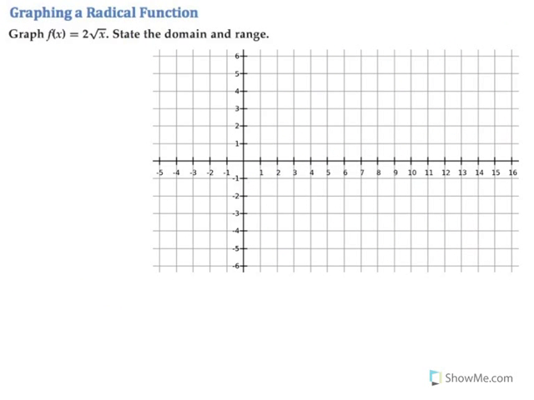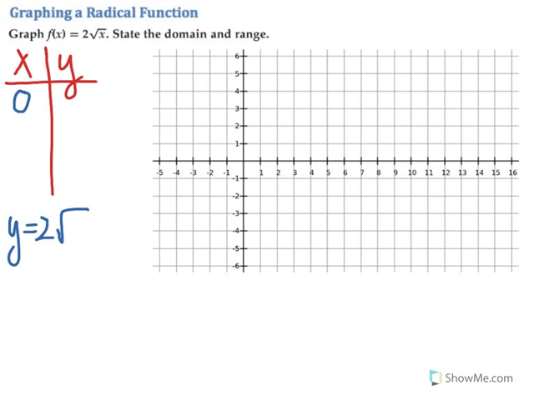Okay, so to graph this function, first we need to make a table. So this is the xy table. So for say x is 0, then y will be 2 times the square root of 0, which is 0.